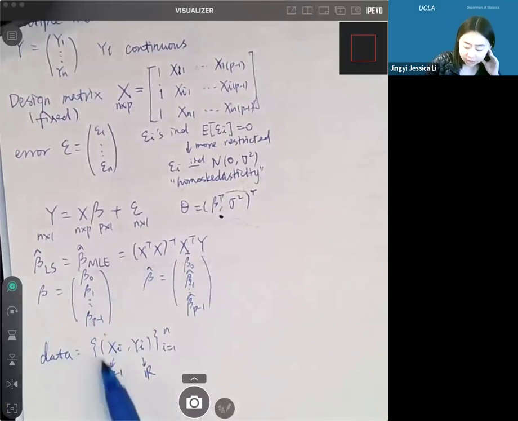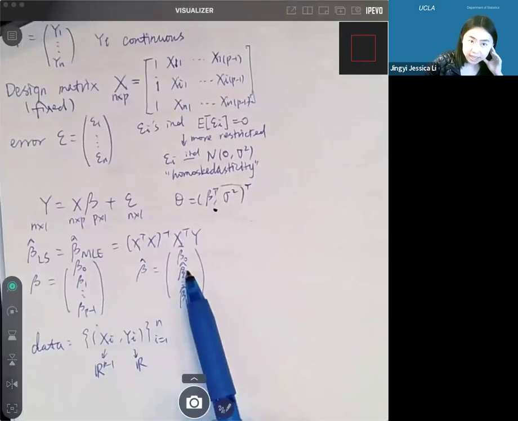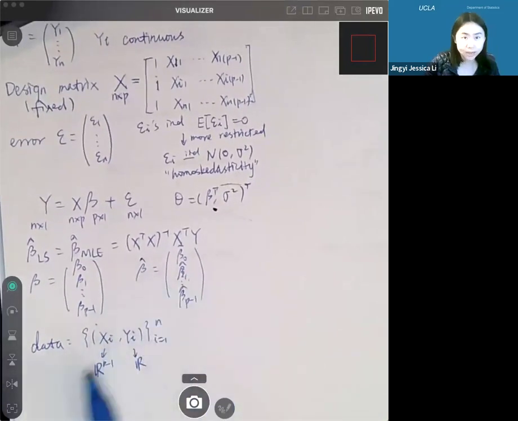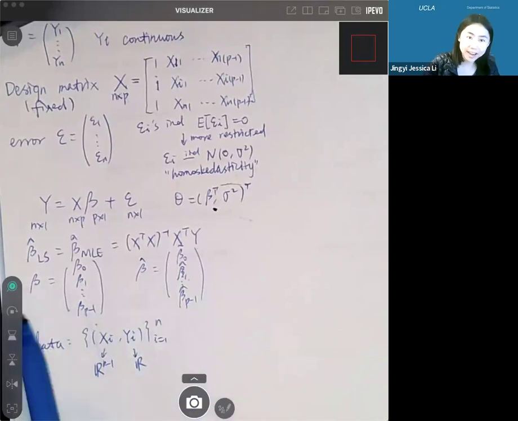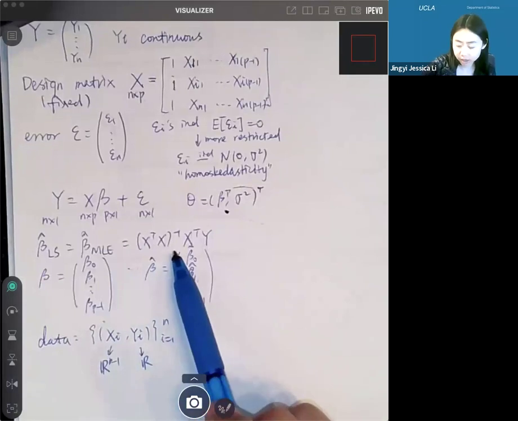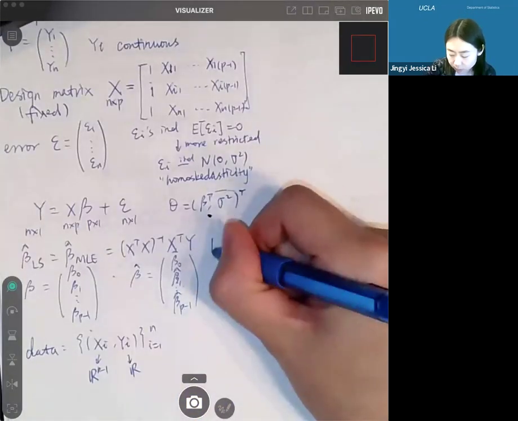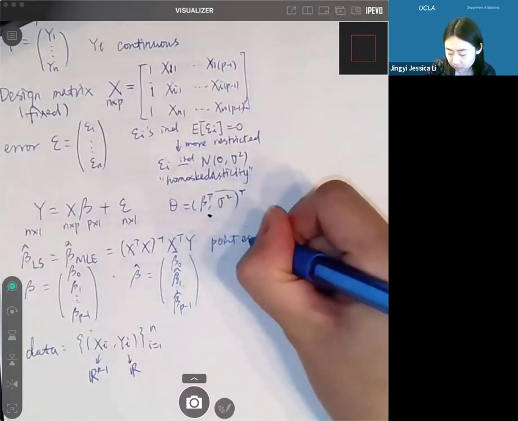Given the data, your estimate is a function of your data. So it's some function of x1, y1 to xn, yn, but you cannot write that for beta. Beta is just the unknown parameter. That's the key difference. Okay, and this is the estimator, and in statistics we call this a point estimate.